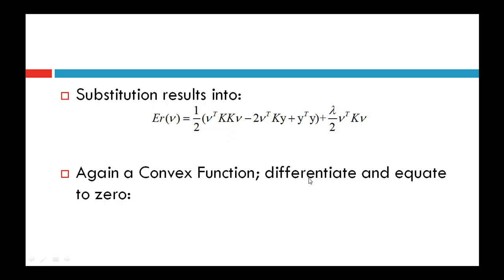So again this expression can be analyzed. This is a convex quadratic function with respect to the vector nu, and therefore differentiating this expression with respect to nu and setting the result to 0 will give us the value of nu for which the error is minimized.